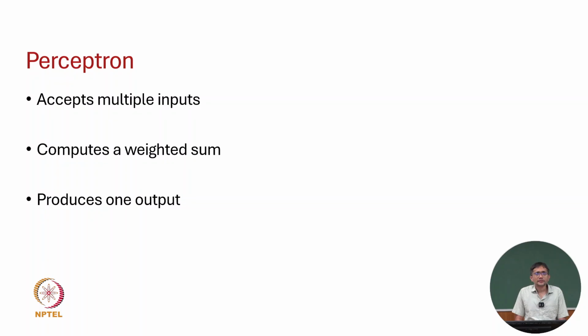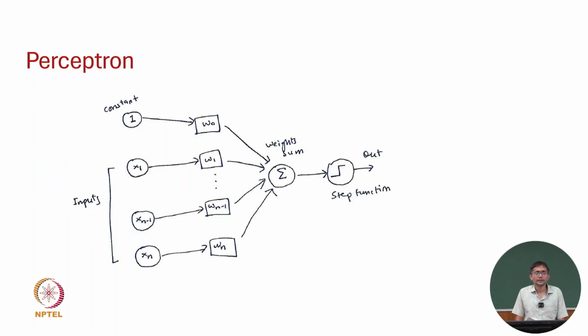So we start by talking about the perceptron. A simple perceptron accepts multiple inputs, computes a weighted sum, and produces one output. Let us look at it a bit more visually. Let's say we have inputs x1 up to xn minus 1, xn.